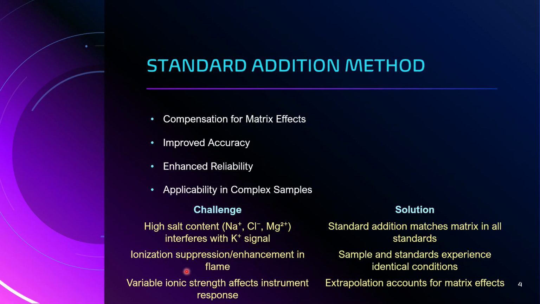If there is a phenomenon of self-absorption or ionization suppression, because you are adding your standard into the sample, the added standard would feel the similar kind of effect, thereby making you feel the real effect of these ionization suppression and enhancements. And because variable ionic strength affects instrumental response, extrapolation accounts for remediation of these matrix effects.